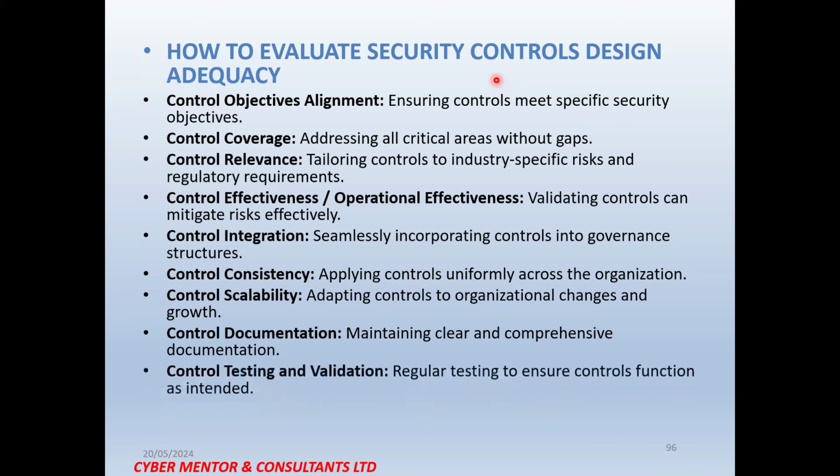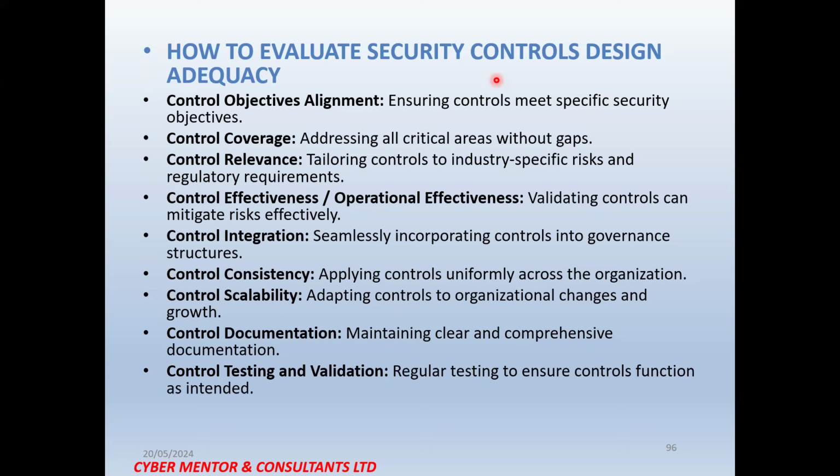And then another way to assess the adequacy is control testing. We talked about testing before. You regularly test your controls to ensure that they are doing what they should be doing. You can't have a control in place that you don't test. If you are not testing them regularly, the controls can be out of date and may not be able to meet current security requirements.